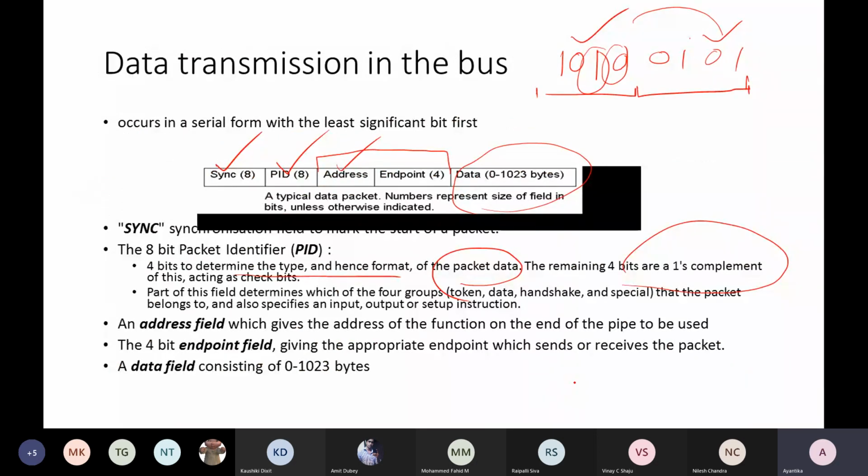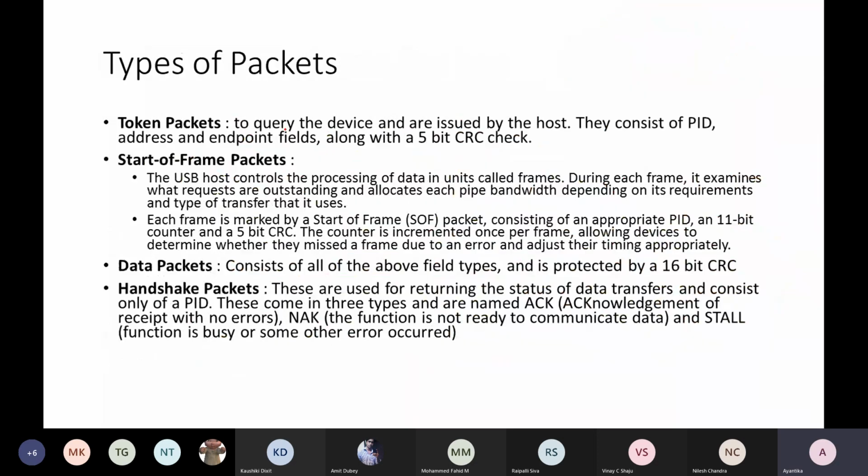And of course, with the form of packets, you understand this occurs in a serial form of communication, where the least significant bit is kept first and then followed by the most significant bits. Okay. So these are the basics of USB communication.